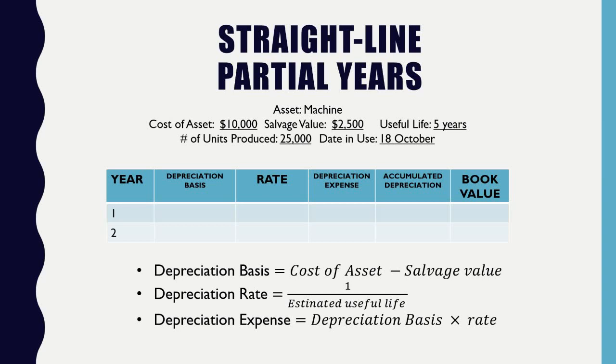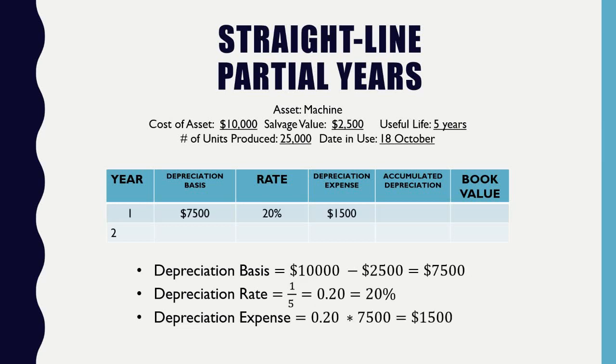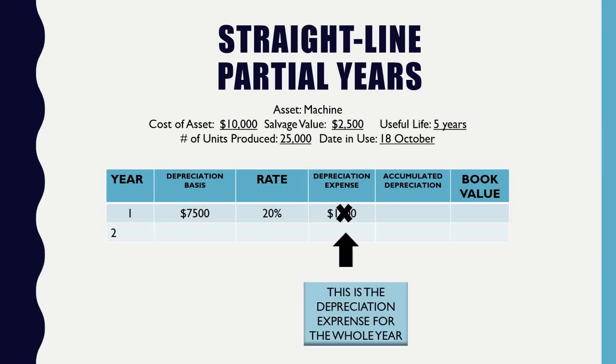And what is 20% of 7,500? 1,500. It's 1,500, right? But don't forget, that is for one whole year. Okay, so we don't need that.